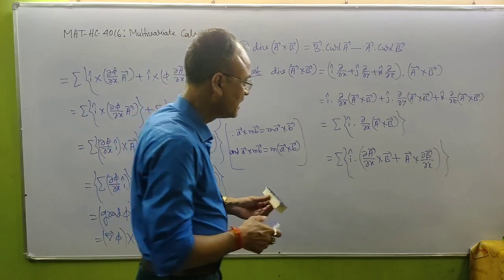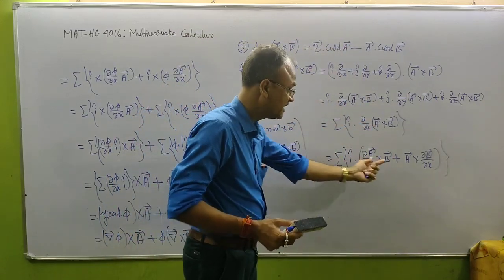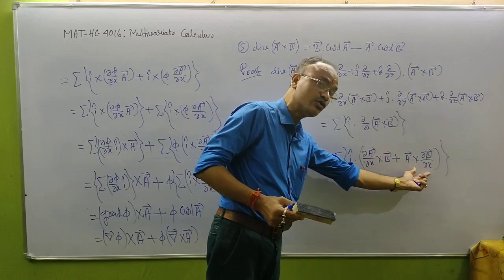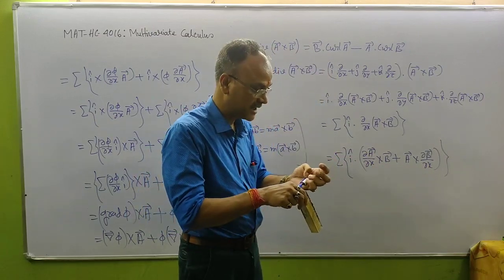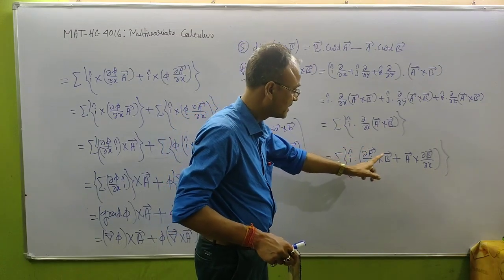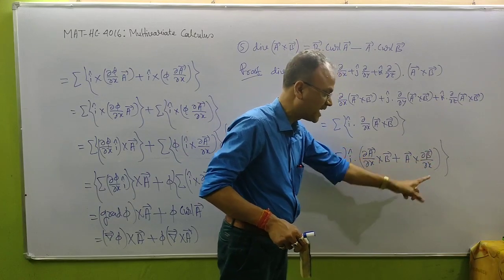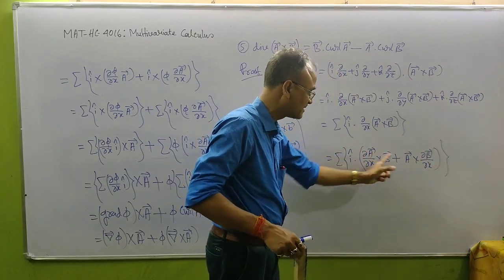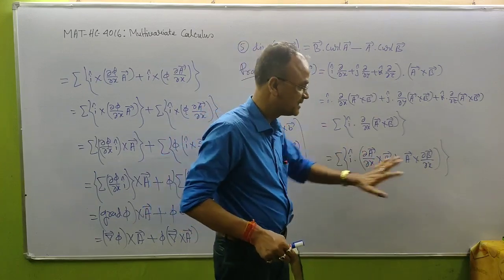Now you see, it is a vector quantity as a whole. This is also a vector quantity. Perhaps you have understood what I have told you. You may write A vector cross del B by del x first, then plus the other term.